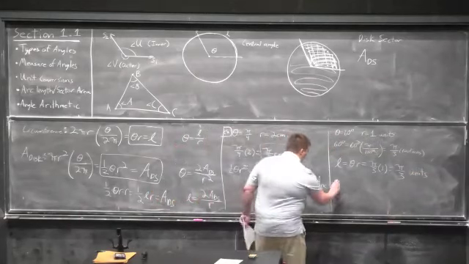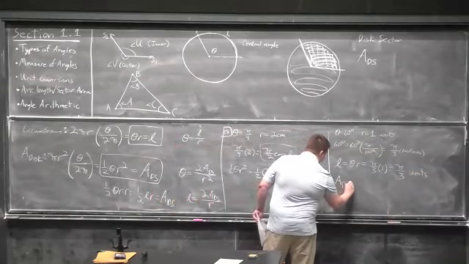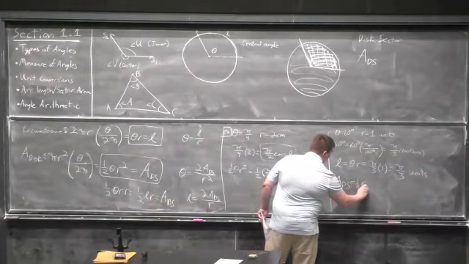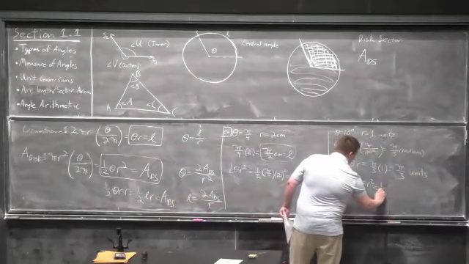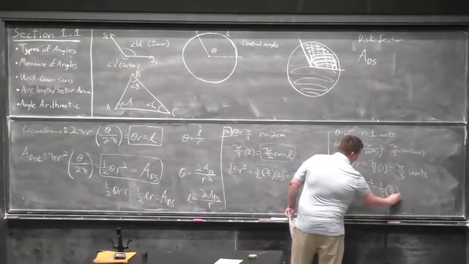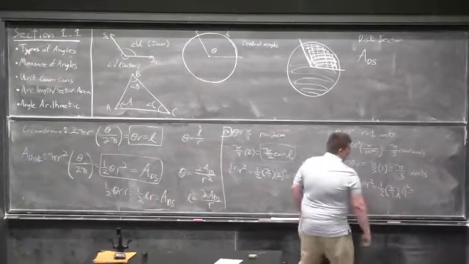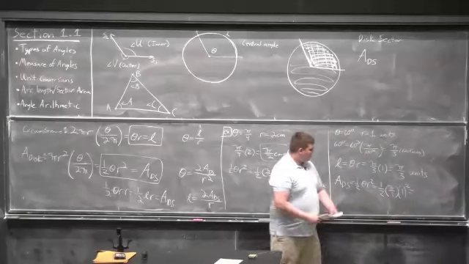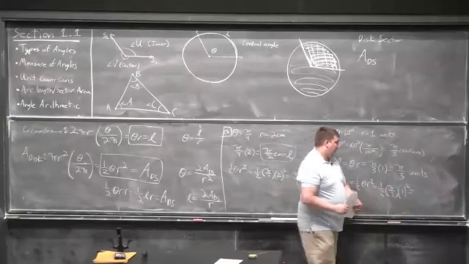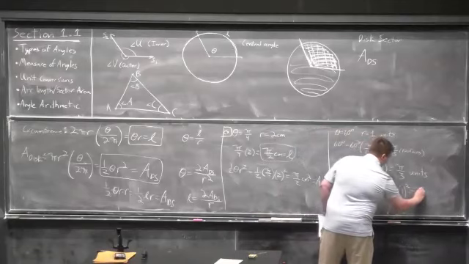What is the area of the disk sector? Well, that's 1/2 theta r squared, which equals 1/2 pi over 3 radians times 1 squared, which equals 1/2 times pi over 3, which is pi over 6.